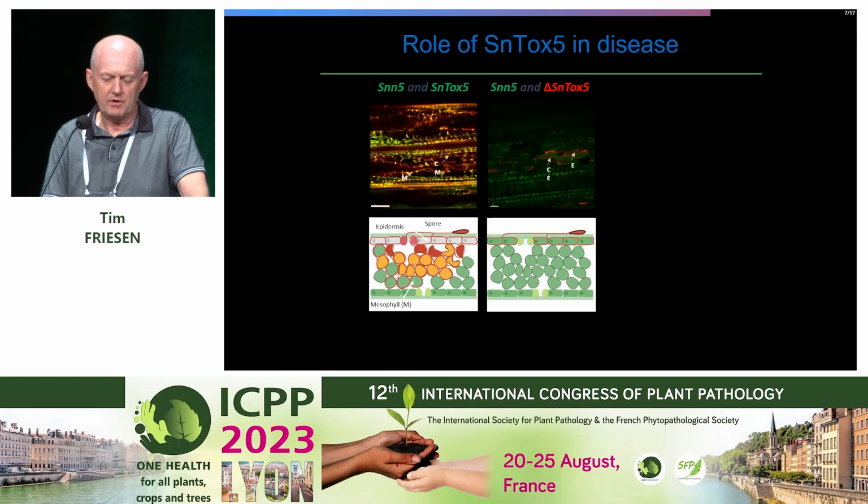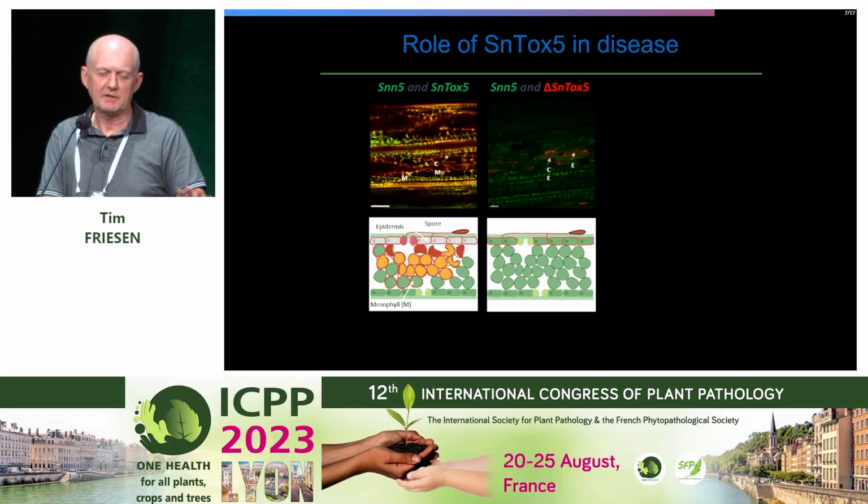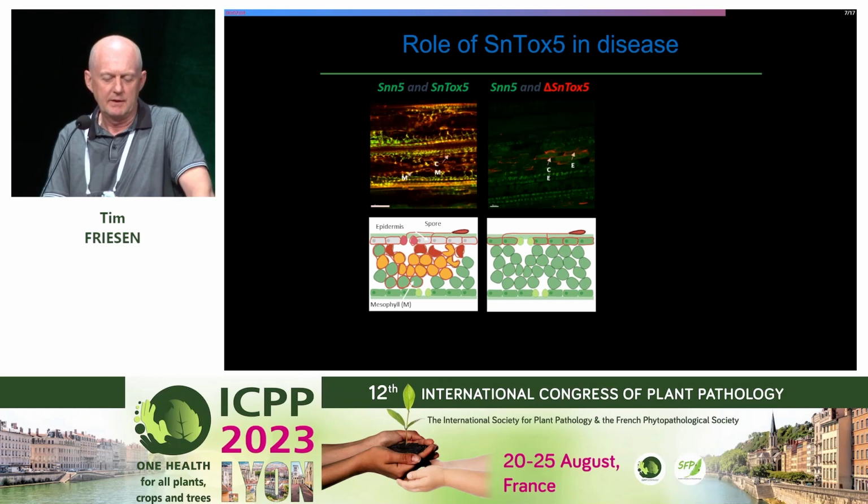So one of our questions was, does TOX5 have a secondary function similar to, say, TOX1 and TOX3, and then maybe it acquired the PCD function later. So here we looked at TOX5 with SNN5 without TOX5.